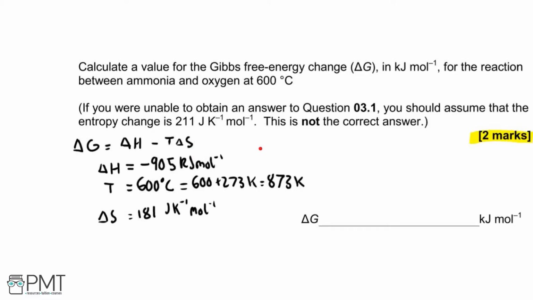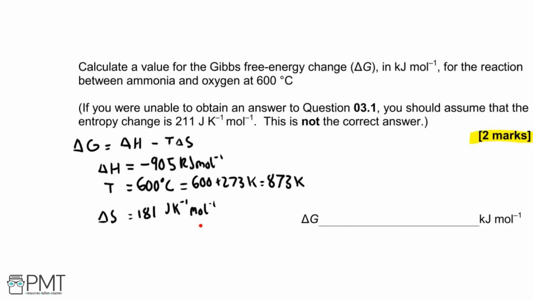However, if we look at the other units present in this question, and most importantly the unit our answer is being measured in, we are not actually using joules as our unit of energy. Instead, kilojoules are used. So we need to convert this value, whether we have used our value or the value given to us by the question if we were not able to obtain an answer in the previous part. We need to convert this to kilojoules per Kelvin per mole.